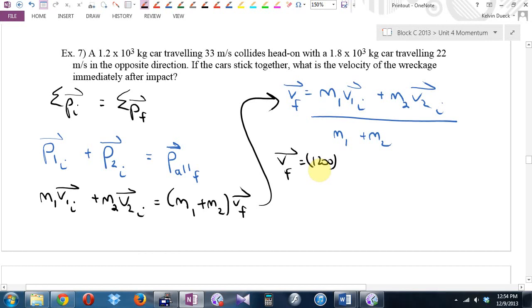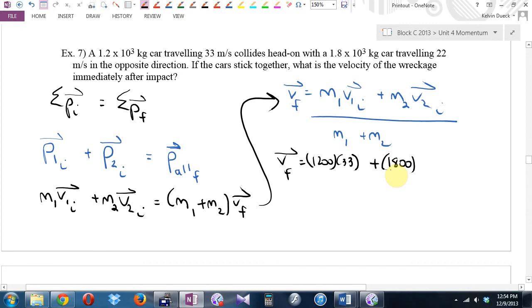Are you saying 33? Okay, good. Plus. How big is mass 2, folks? 1,800? How big is velocity 2 initial?